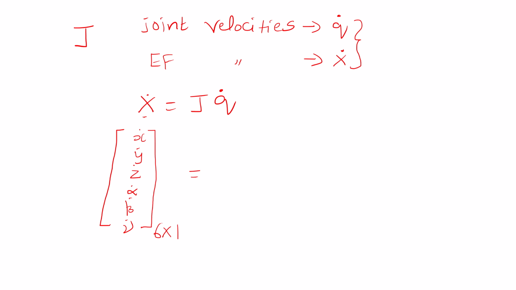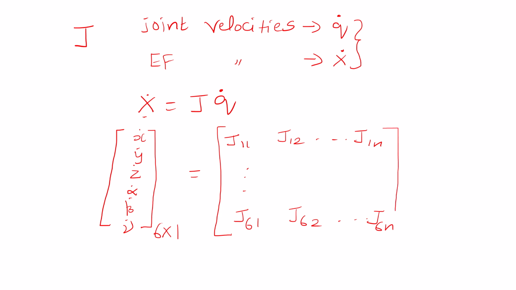That is equal to J, the Jacobian matrix. So let us represent it in the generalized form, say J11, J12, etc., up to J1n, and in the same way J61, J62, etc., up to J6n. So the size of this Jacobian matrix would be 6 cross n. And then q dot is the joint velocity.